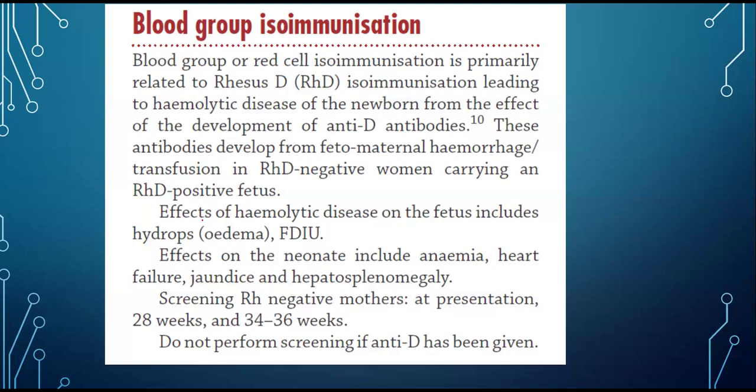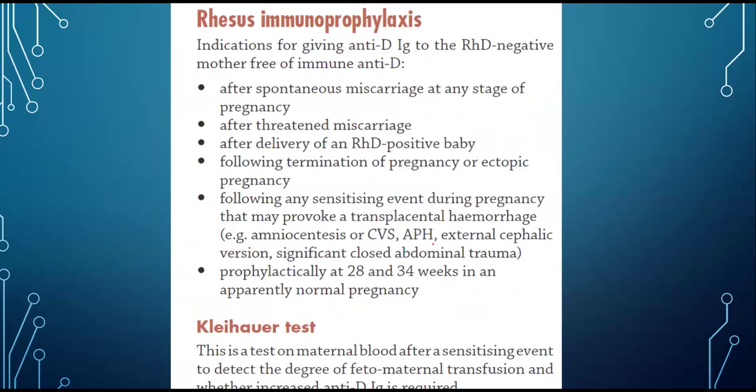Blood group isoimmunization. Now there is another important thing. Many of you have heard about RH isoimmunization, right? RH isoimmunization is a condition where a pregnant mother who is RH negative gives birth to an RH positive baby. So let's say this is the first time the mother is pregnant. During delivery or during pregnancy, there might be a feto-maternal blood mix-up.